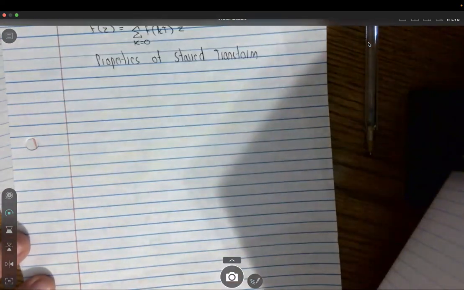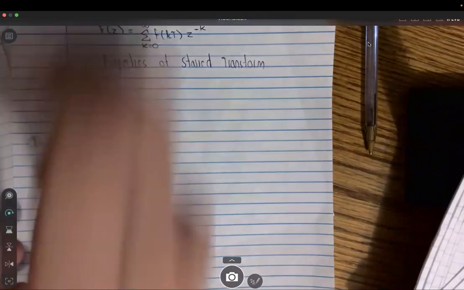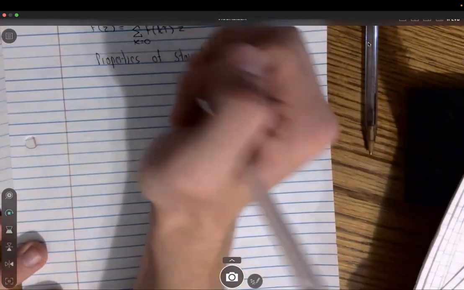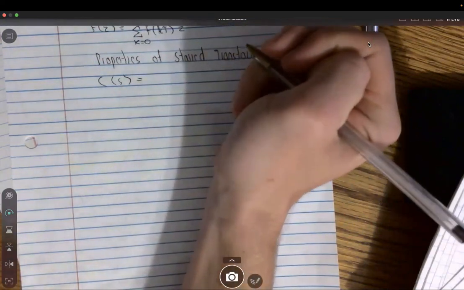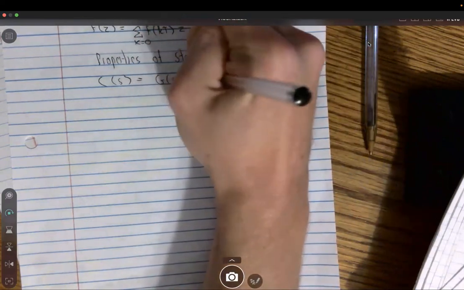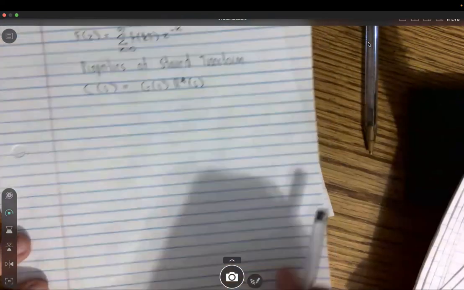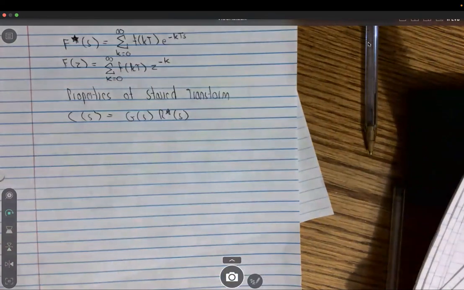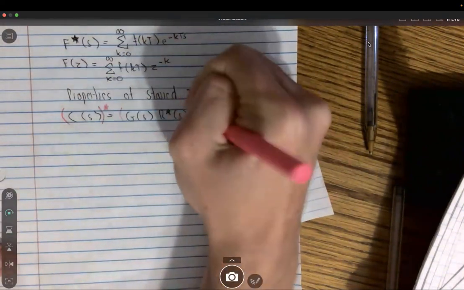So if we have particularly our C of S is equal to G of S times R star of S. Okay, and if we take the star transform on each side, that would mean that I would star both sides of my equation.